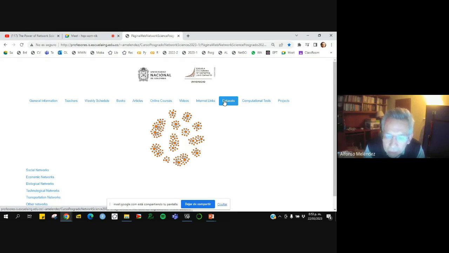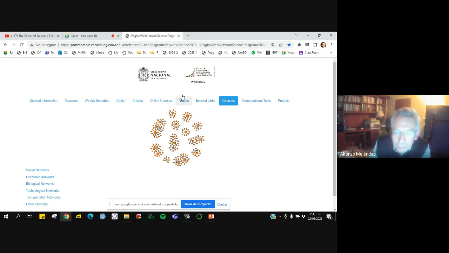Barabasi discovered that scale-free networks, preferential networks, are very resilient to random attacks. But there's another side of the coin, and he said it: they are very fragile. There are two flips of the coin.